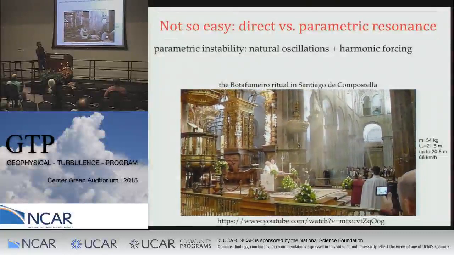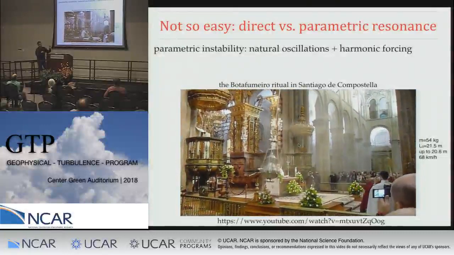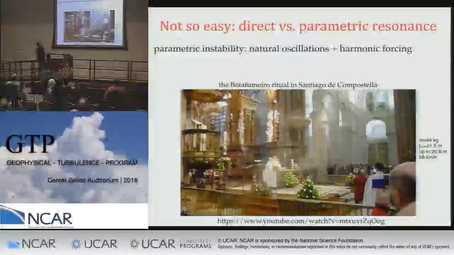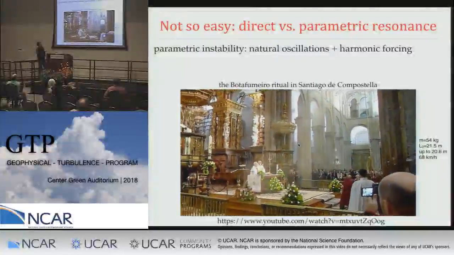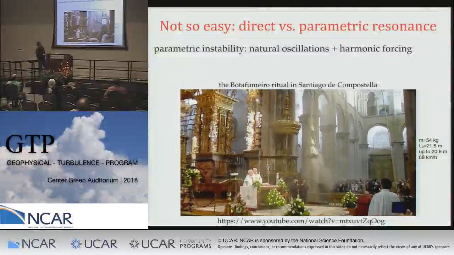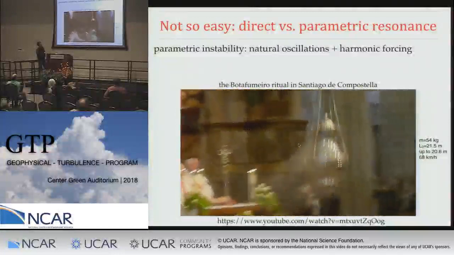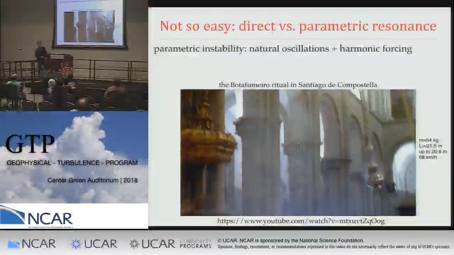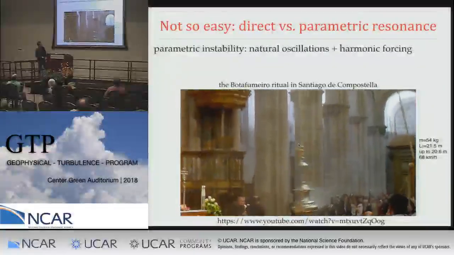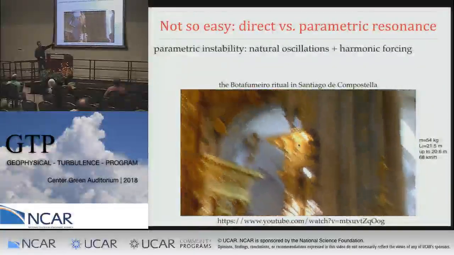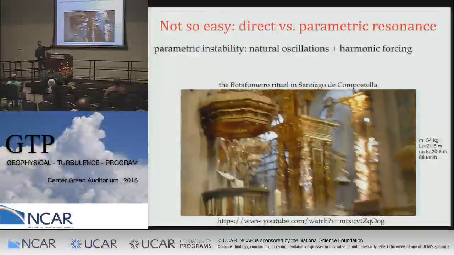Look, from a very tiny initial excitation, in only 5 or 6 oscillations, you reach a height of 20 meters and 68 kilometers per hour. It's really amazing. So parametric resonance is an instability.